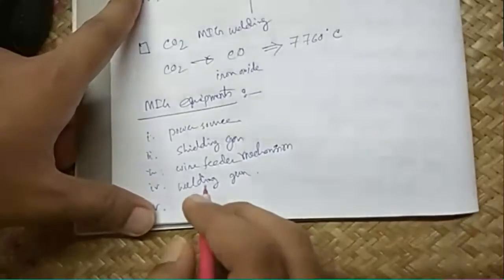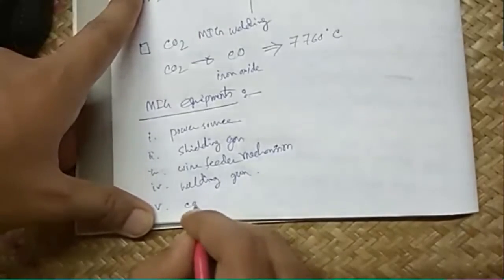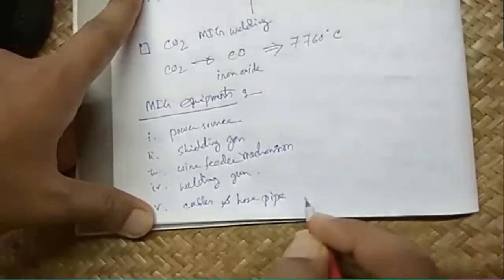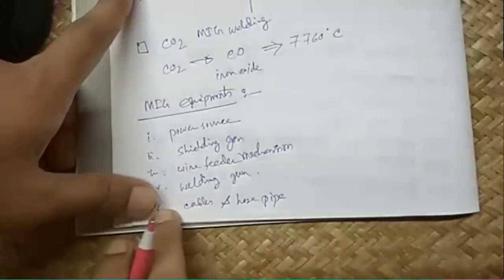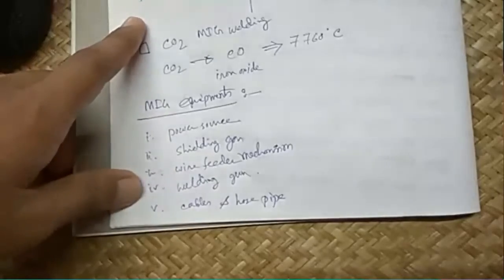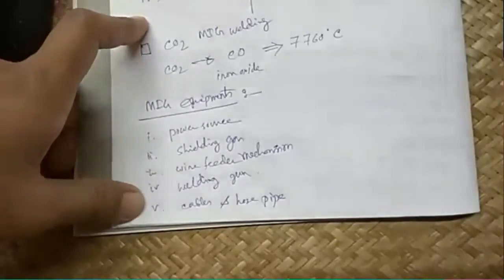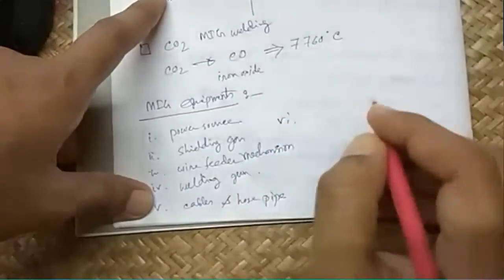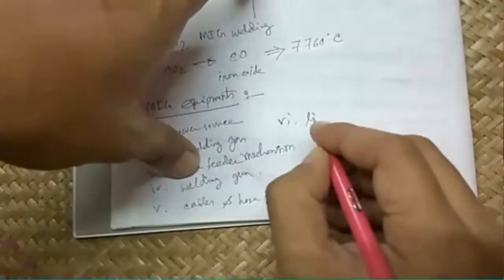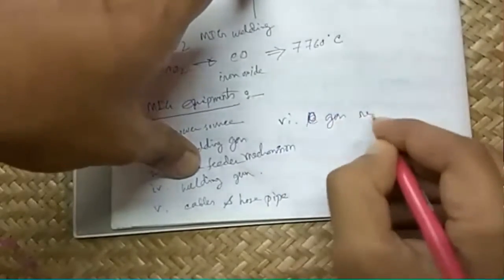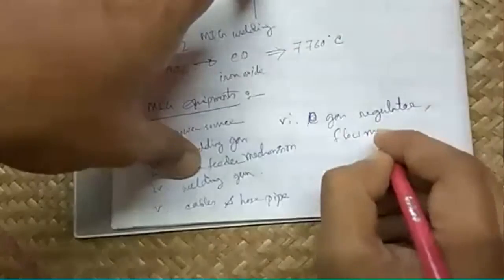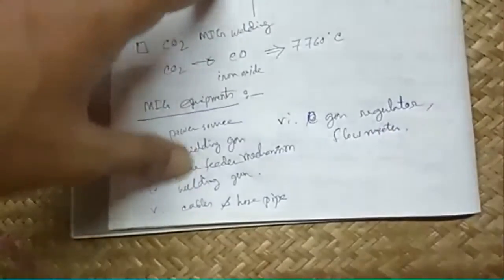Number 5, cables and hose pipe for gas. And if the electrode needs to be cooled, then for water also, and some other accessories like gas regulator, flow meter, etc.